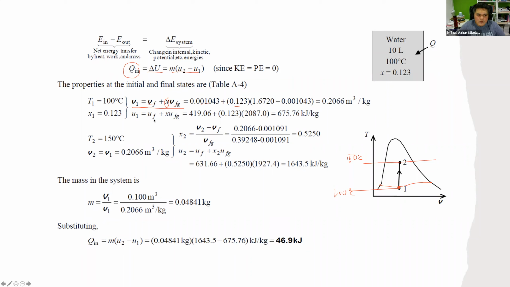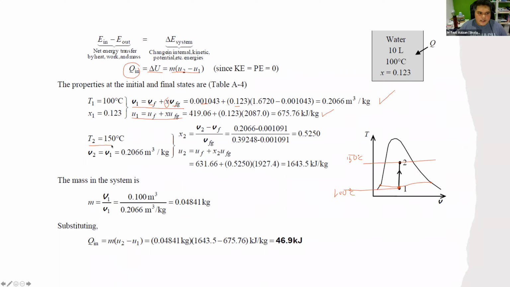At the same time, we can also find the specific internal energy, which we can also obtain from table A4. And then we have the specific volume and the specific internal energy at x equals 0.123.